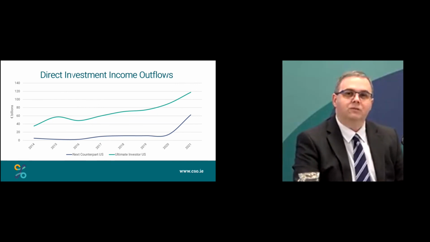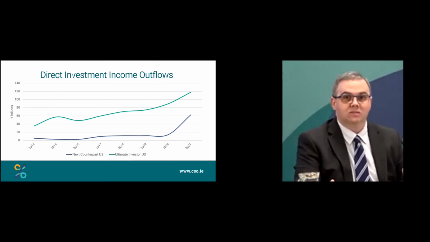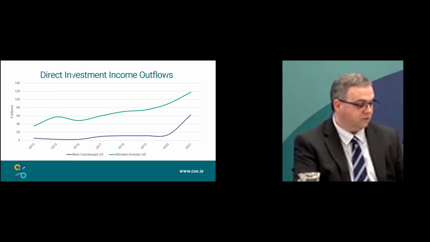So for example, if we looked at direct investment positions in Ireland on an immediate counterpart basis, we'd see a wide spread of investment from Luxembourg, the Netherlands, US, UK, and so on. But if we look at it instead from a UCP point of view, we see that the amount coming from the US is much larger, showing that a lot of this investment is coming ultimately from the US through different parts of the group in different countries.